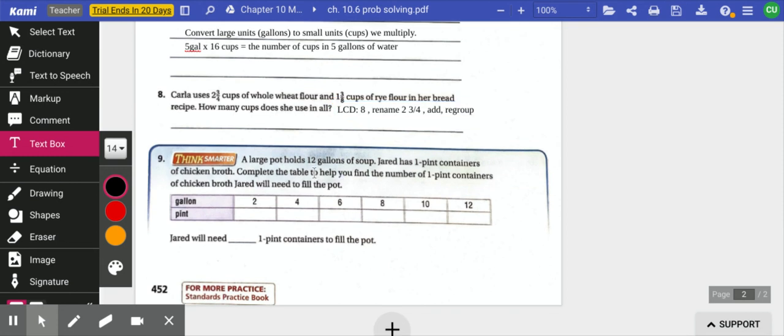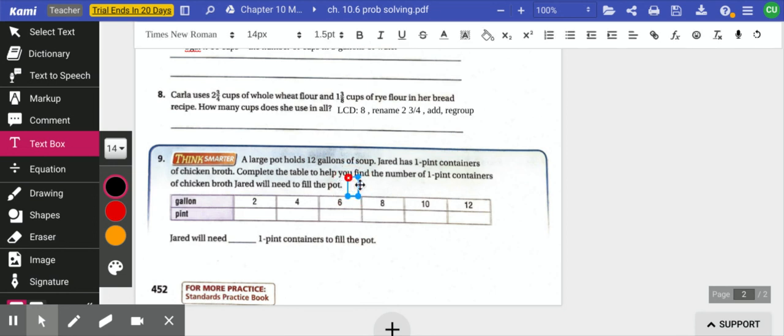All right, a large pot holds 12 gallons of soup. Jared has a 1 pint container of chicken broth. Complete the table to show how you would find the number of 1 pint containers of chicken broth they'll need. So for this problem, we need to know that 1 gallon, looking at our gallon person, and he's using 1 pint containers. So 1 gallon has 2 pints.